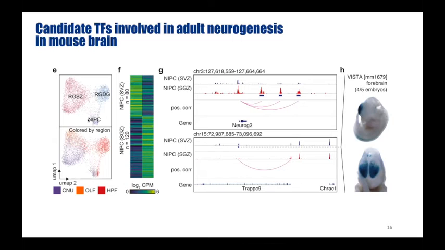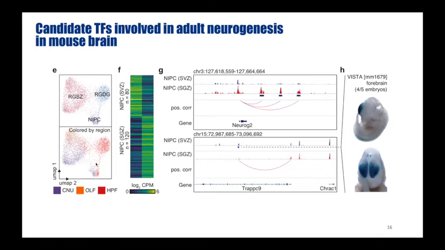Here I color these three clusters in red, blue, and purple. In the lower UMAP, I color the cells based on the brain region. You can clearly see, it's not surprising, the radial glia from the subgranular zone only came from the hippocampus.